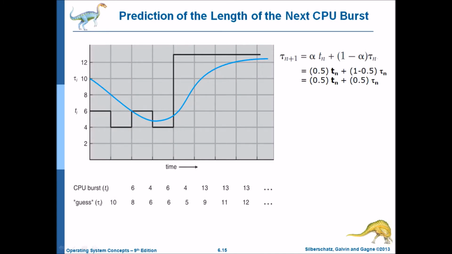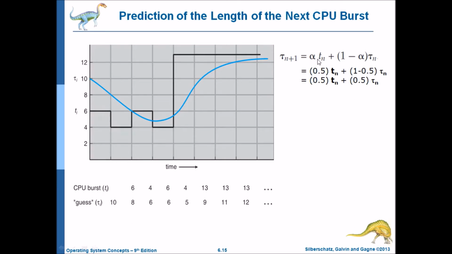So we have the prediction of the length of the next CPU burst, given by that formula, with alpha set to 0.5, or 1/2.